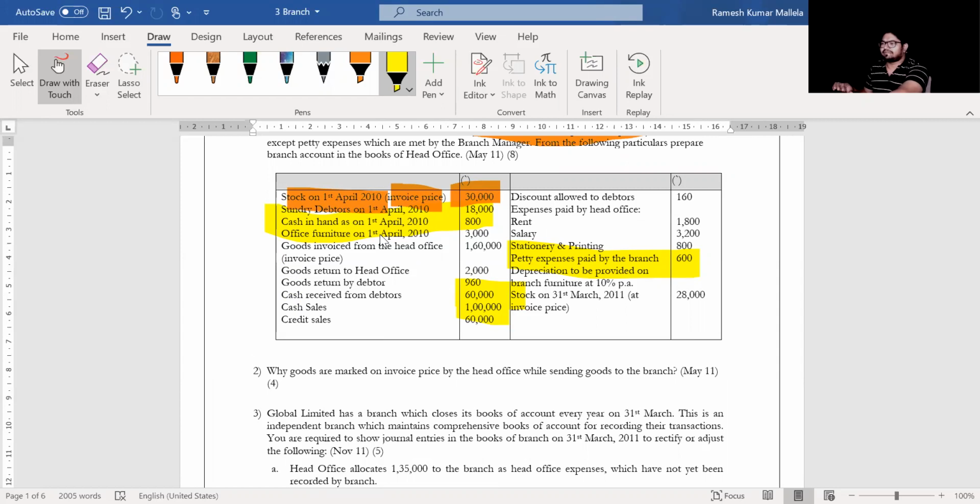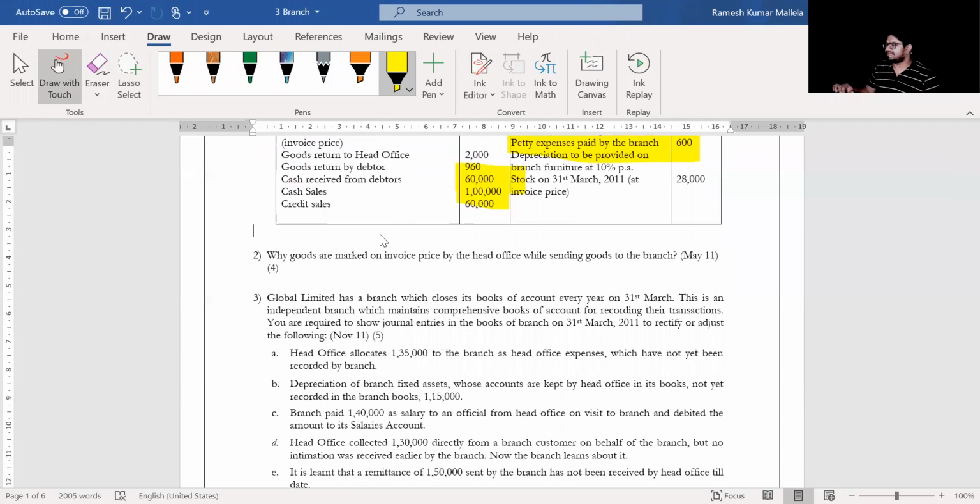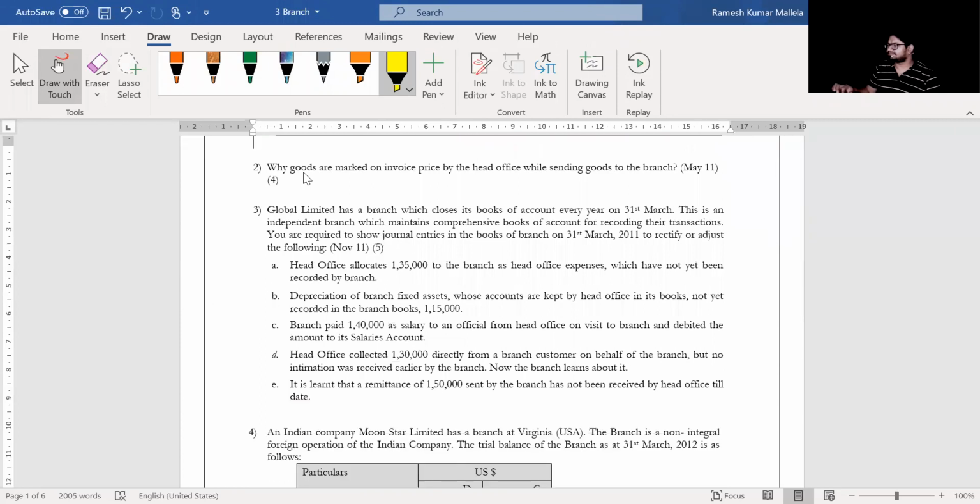I'll read out the question, please see. Third question. Global Limited has a branch which closes its books of accounts every year on 31st March.